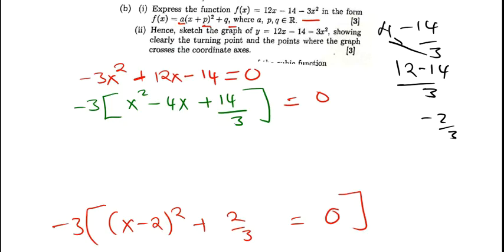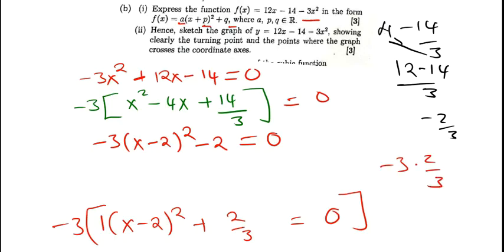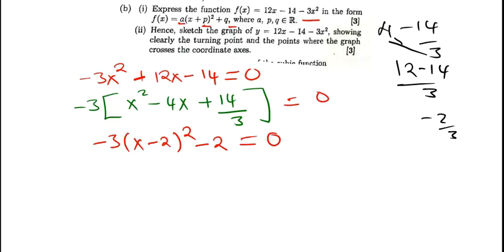Remember it's like a 1 there, so we're going to have negative 3 times the bracket, and then the 3 on the bottom will actually cancel out, so that you just basically remain with negative 2 equal to 0. Hope my calculations are okay. Negative 3 multiplied by 2 over 3, negative 2. So we've completed the square. Our a is negative 3, our p is negative 2, our q is negative 2.